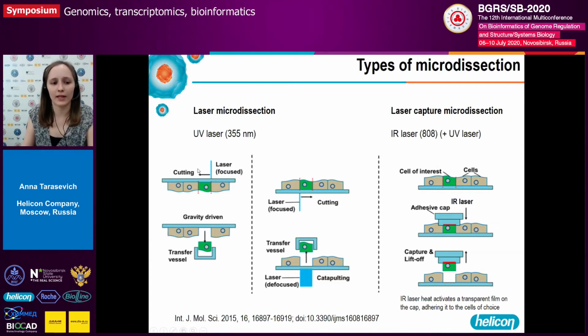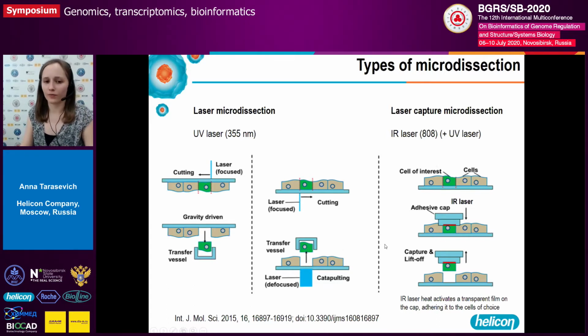So we focus the laser on the tissue, and as a result, the microdissected tissue either falls down to a transfer vessel, or it is catapulted upwards to a transfer vessel.